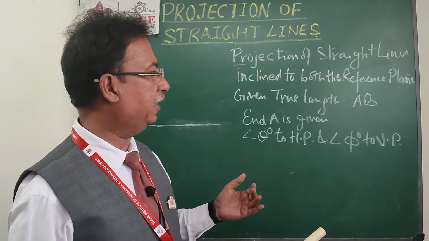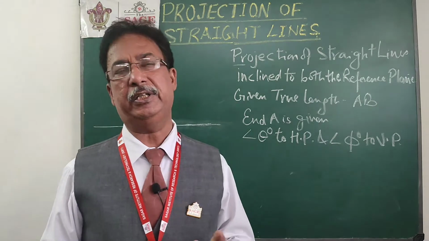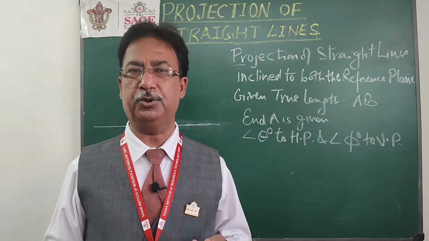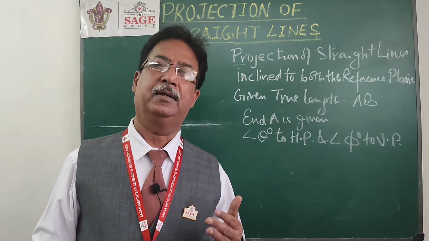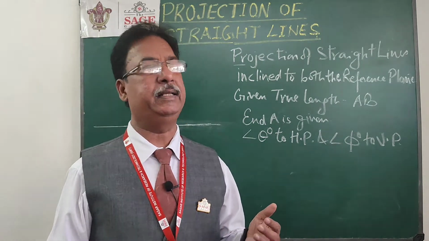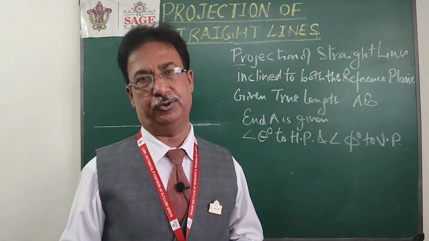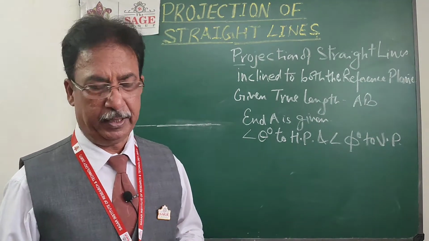We will start with simple steps. Initially we will plot the line in the simplest position, and then move forward and approach the final solution. So what is the way?